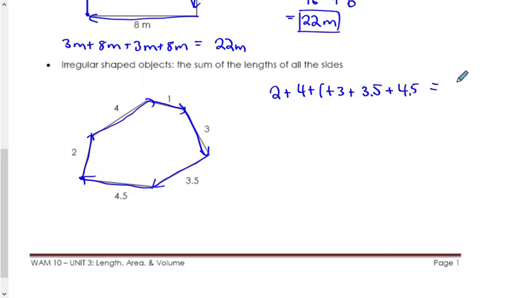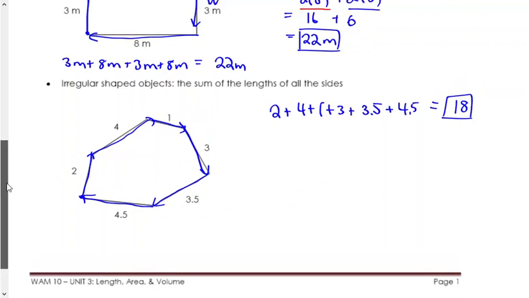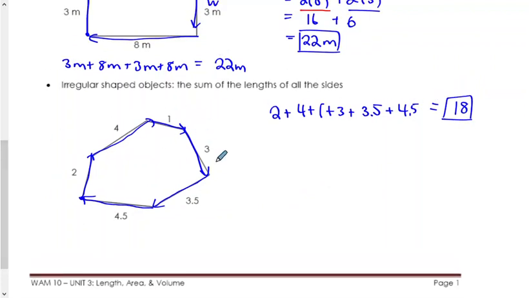And I get 18. Now there's no units for this one. So in our above example, my units were meters. There is no units here. So you can just leave it as 18. It doesn't need units. Or if you wanted to be super nitpicky, you could say 18 units. But I don't expect you to have to do that. So just 18 is fine for me.